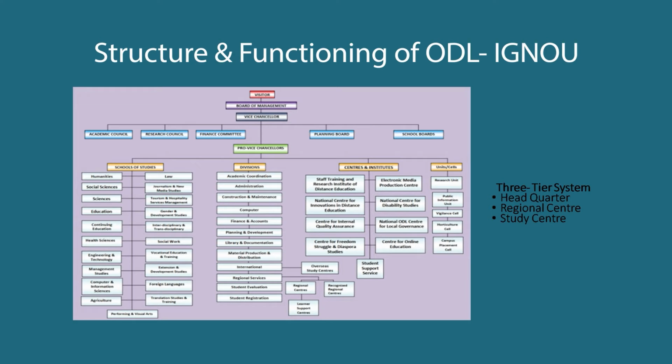There is a section which deals with the registration activities, which is the student registration division. Then there are different schools of study, different faculties. The faculties develop the self-learning materials and it is distributed either online or offline. So, in brief, this is how it works: a 3-tier system of headquarter, regional center and study center.